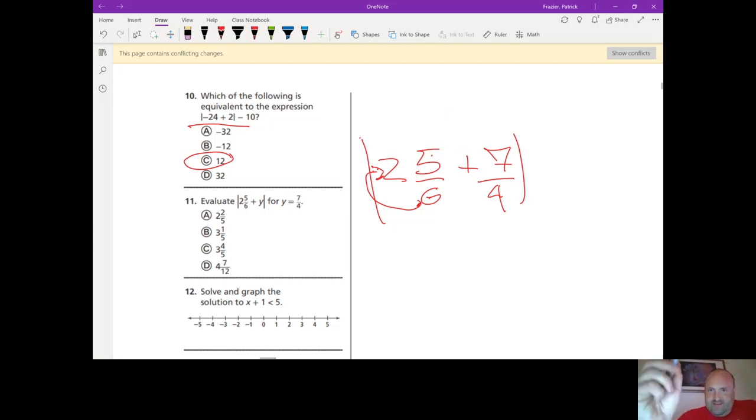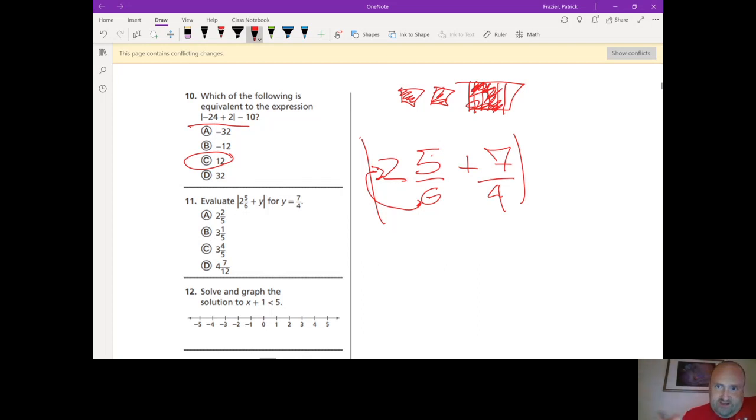And 2 and 5/6 would be like if you had two squares, and then you had another square with 6 different sections, and you had 5/6 of this.